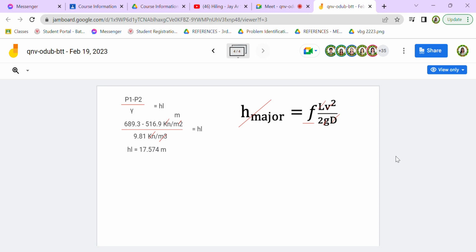So friction factor, transpose lang natin, is equivalent to HL multiplied by 2, multiplied by g, multiplied by the diameter ng pipe, divided by L times velocity raised to the second power. So substituting the value to the equation, HL is 17.574.